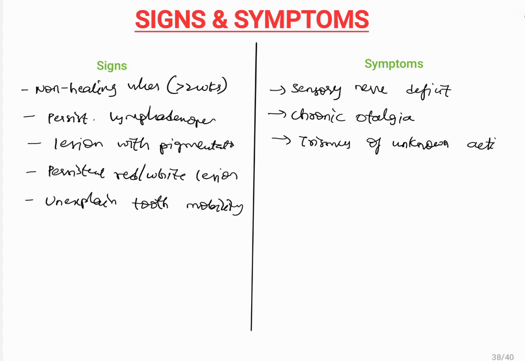Trismus means locked jaw, which is seen similar in the condition of tetanus. Then dysphagia, which means difficulty in swallowing, which can be due to the obstruction by the tumor present in oral cavity.